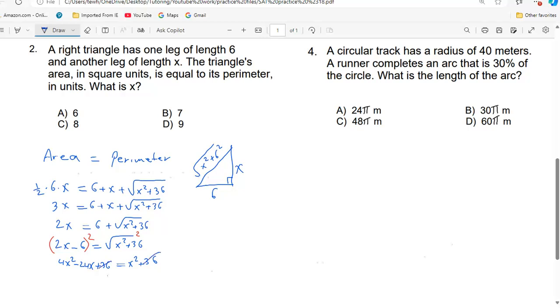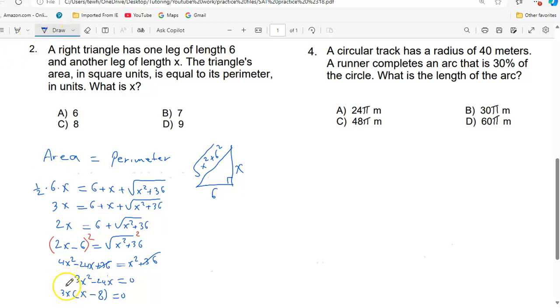And we have 4x squared. If we make one side equal to 0, subtract x squared from both sides, so 3x squared minus 24x equals 0. Let's factor out 3x, so we're going to get x minus 8 equals 0, and from here we get two values for x.